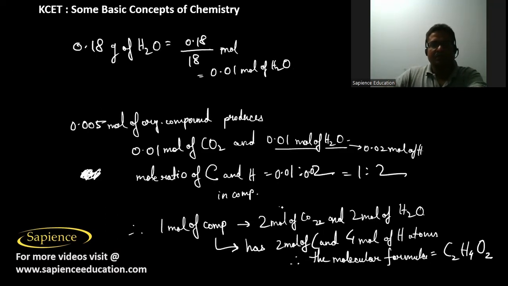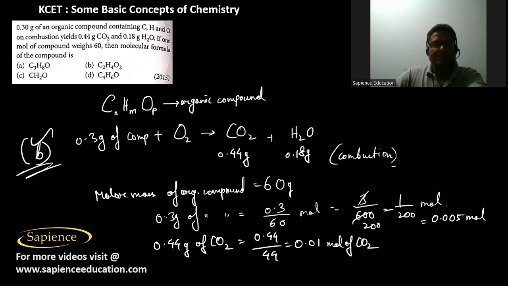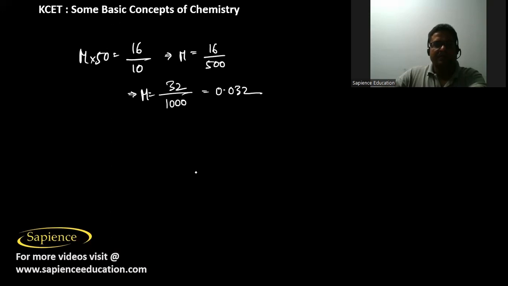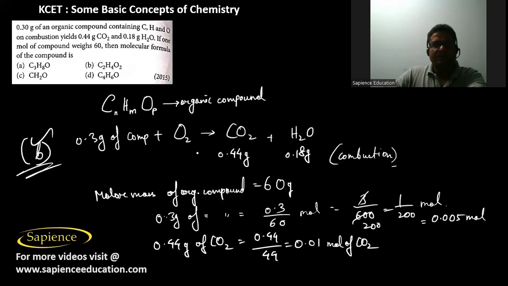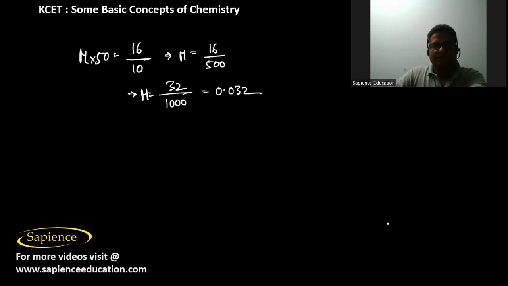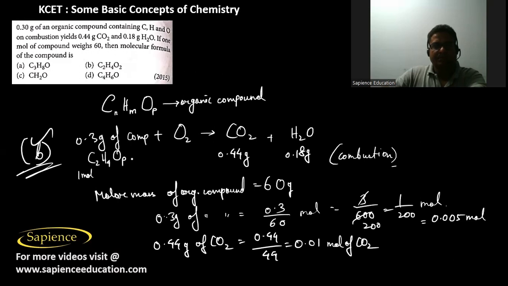Or we can also find out the number of oxygen atoms like this. Simply we can say that the compound which we have, 1 mole of that, C2H4, let's say the number of oxygen atoms is P, will react with oxygen to give 2 moles of CO2 and 2 moles of H2O.